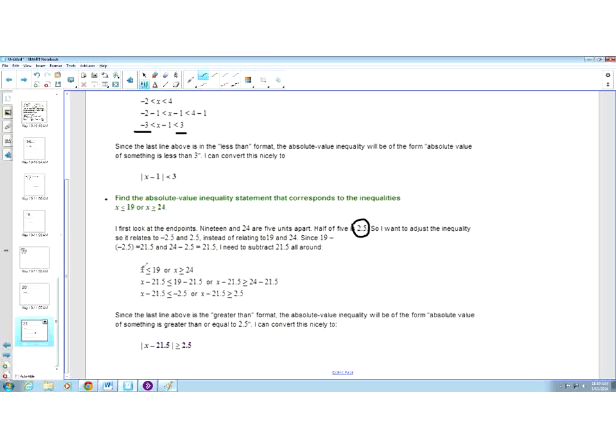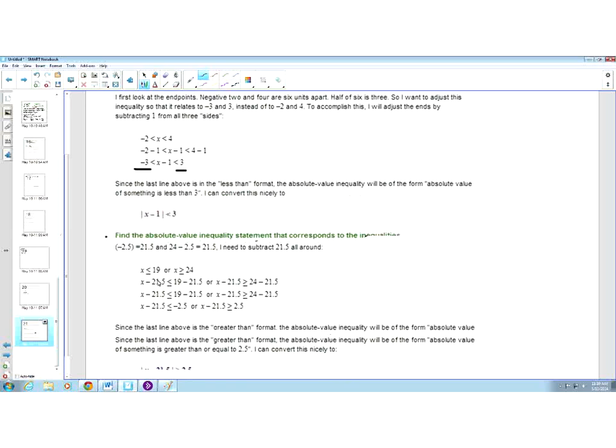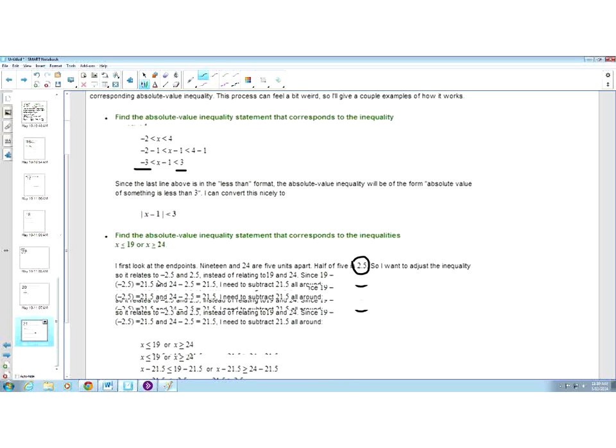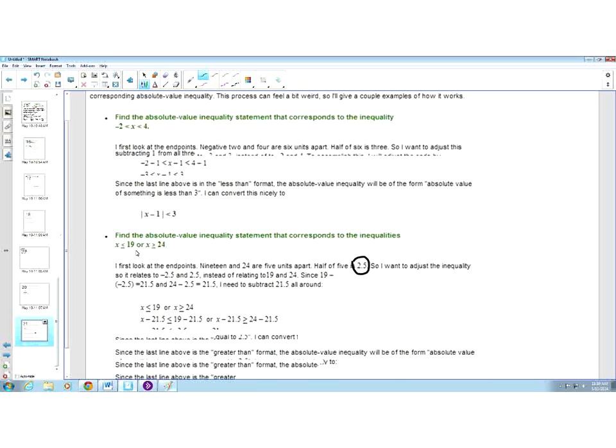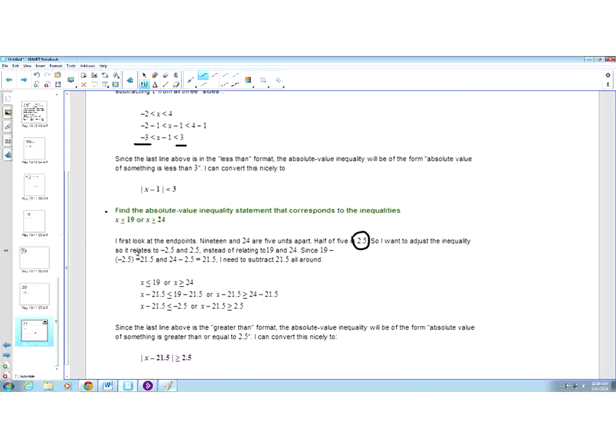And so with 2.5, you would have to add and subtract 21.5. Okay, so here's an example of converting inequalities to absolute value.